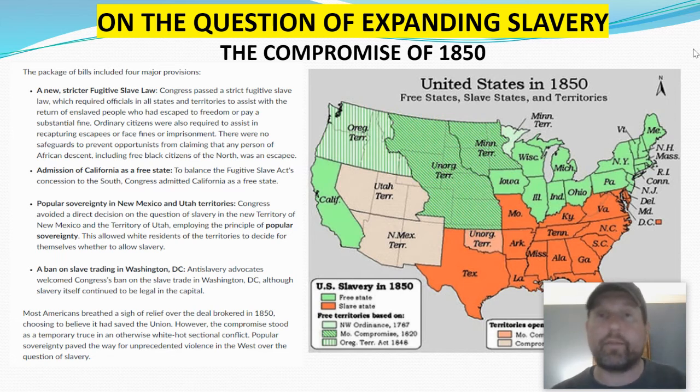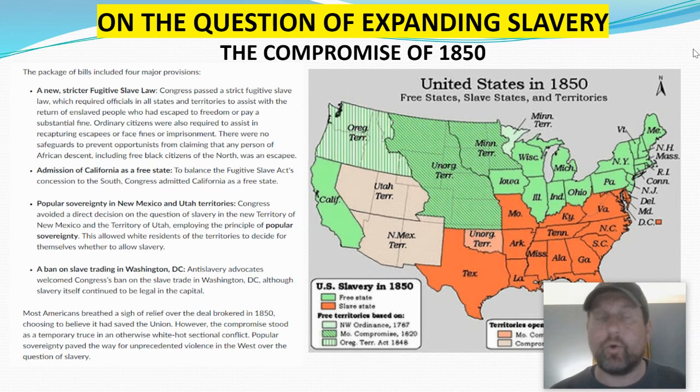This is something that the Southerners really wanted, so that they can't just lose what they consider to be their property. In a concession that would favor the North, California, all the way out west, is admitted as a free state.